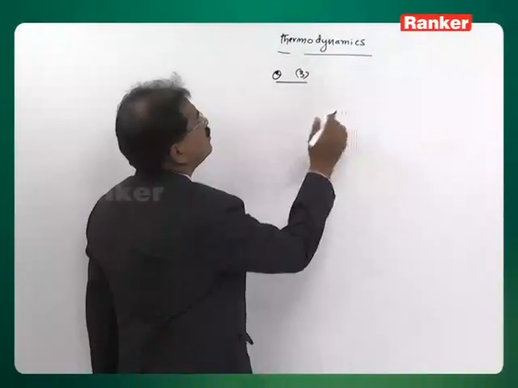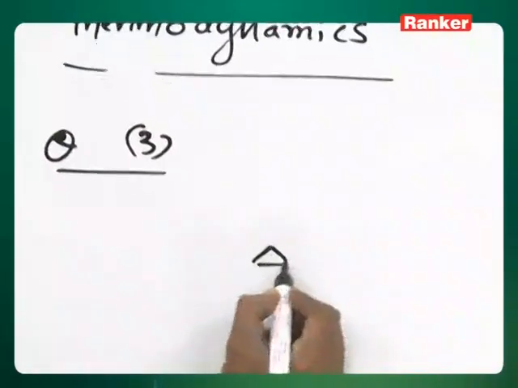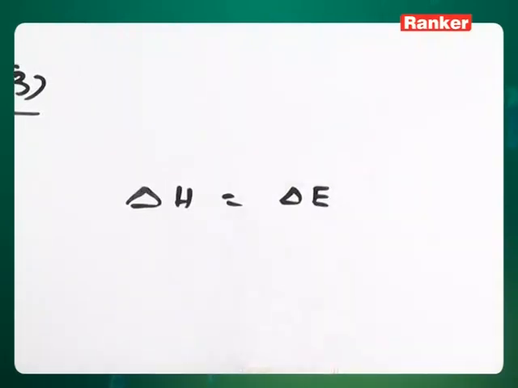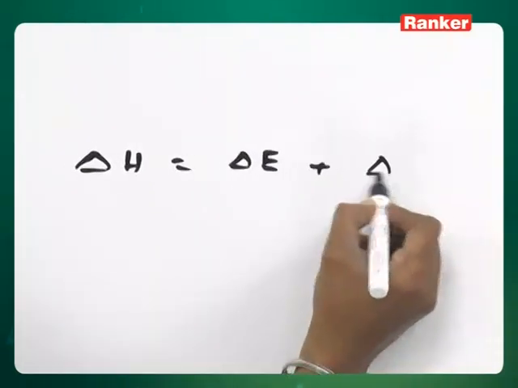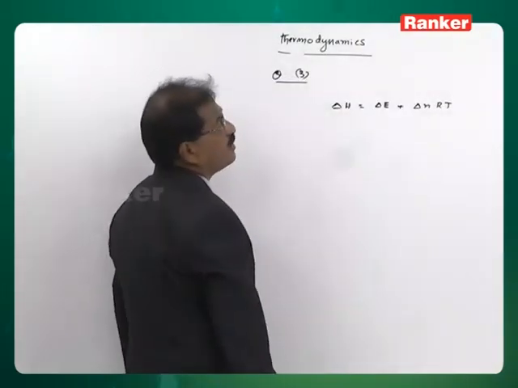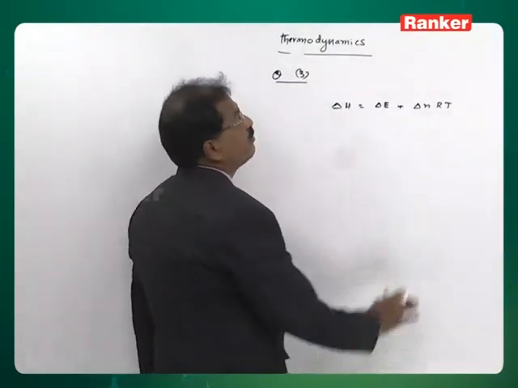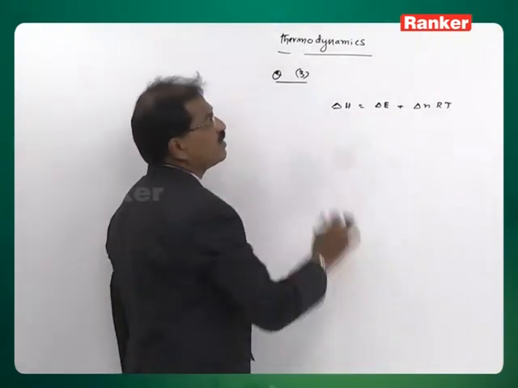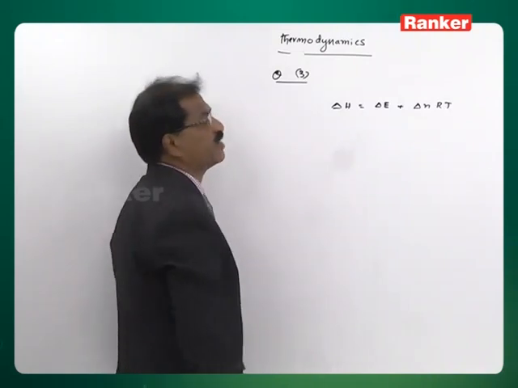In general, the relation between enthalpy change and the internal energy change for a chemical reaction can be studied through this relation: del H is equal to del E plus del N RT. Based on this relation, we can study the relation between enthalpy change and internal energy change of the reaction.